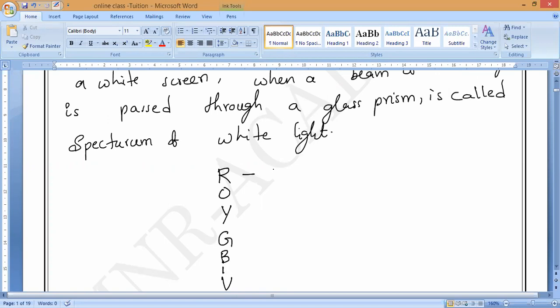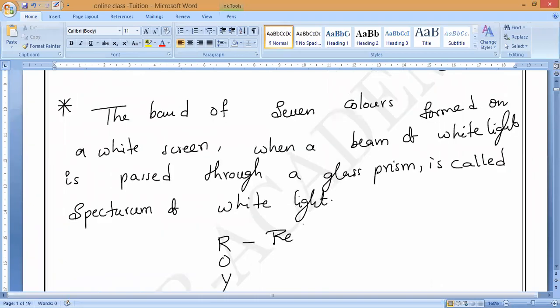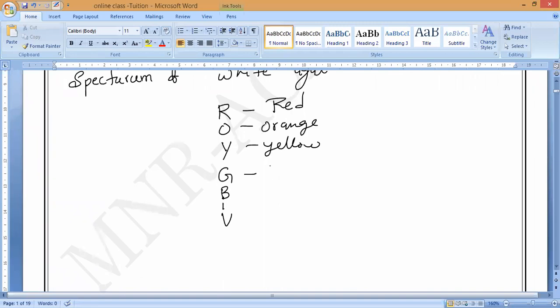So R stands for what? R stands for red. Orange, yellow, green, blue, indigo, and violet.